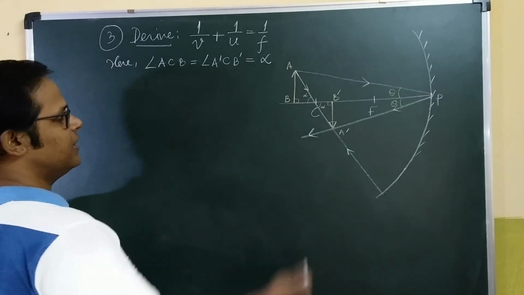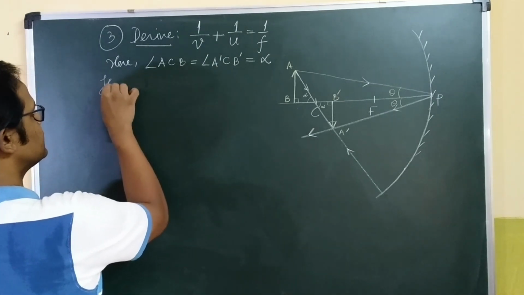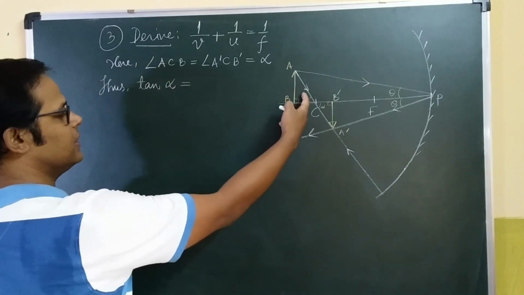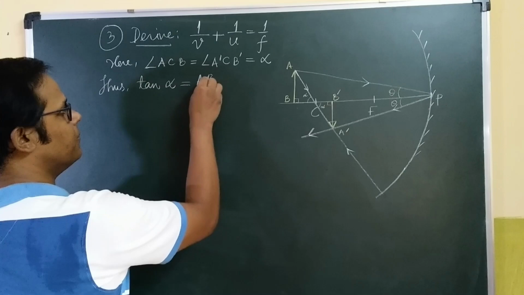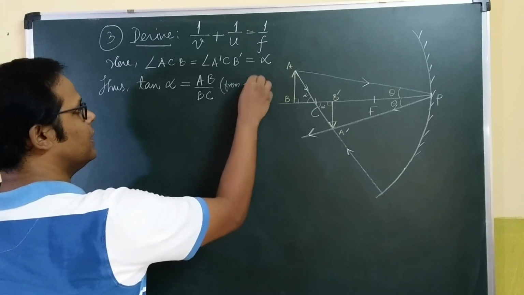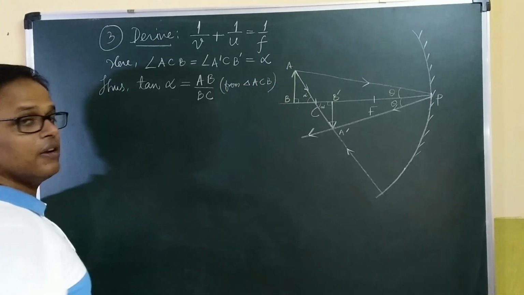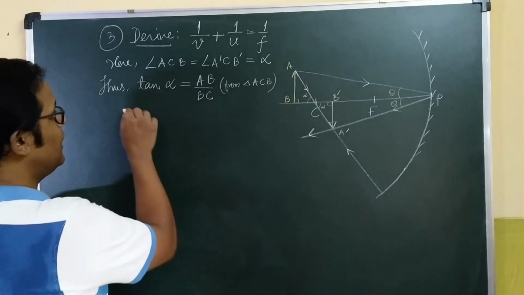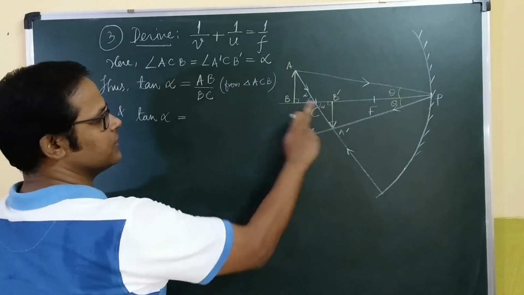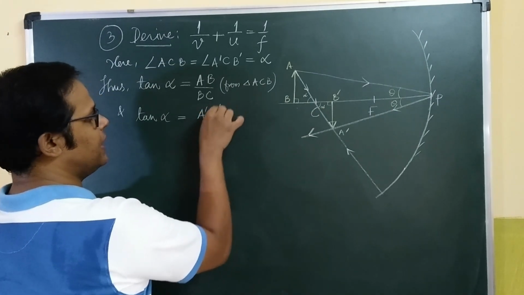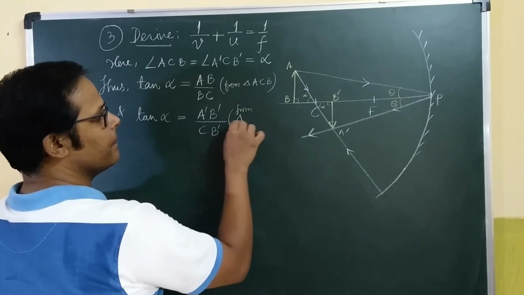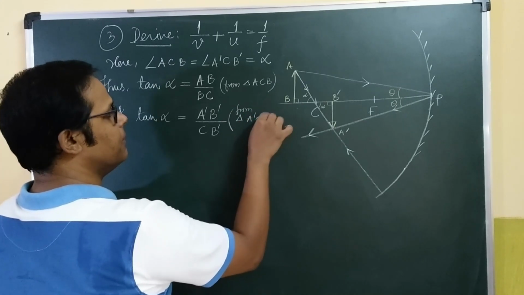Now it's all done. Take tan of alpha. Thus tan of alpha in the first triangle has to be equal to AB by BC. From triangle ACB, I get this tan of alpha. Is that clear? And similarly, the other tan of alpha possible in this diagram is this one, where you can write A dash B dash by CB dash from the triangle A prime C B prime.